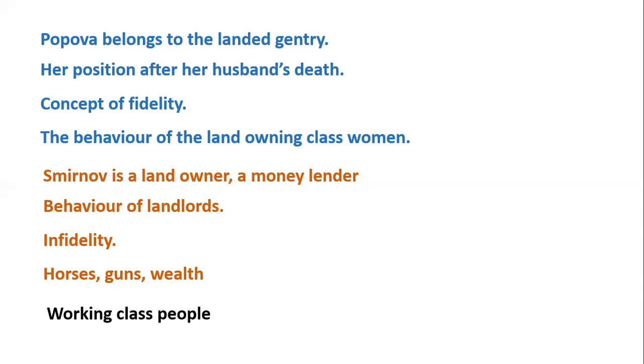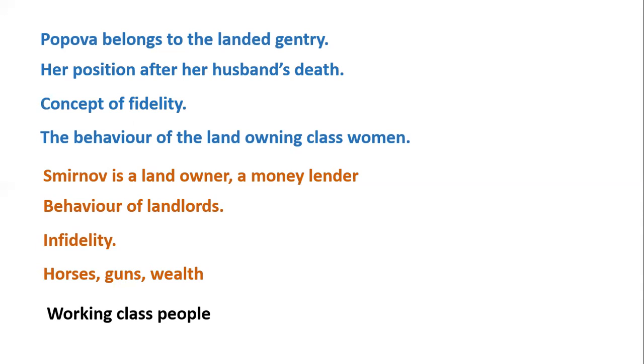And another example of their society is working class people. Now we can take Luca here. They were not educated, they were illiterate people, and they spent their whole life as workers. And they were exploited by the society, by the landowning society, we can say.